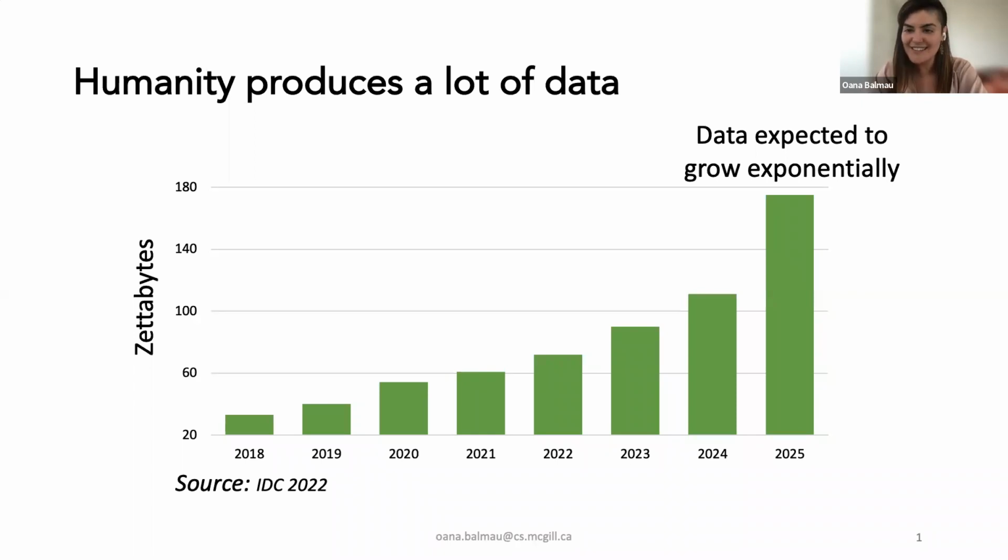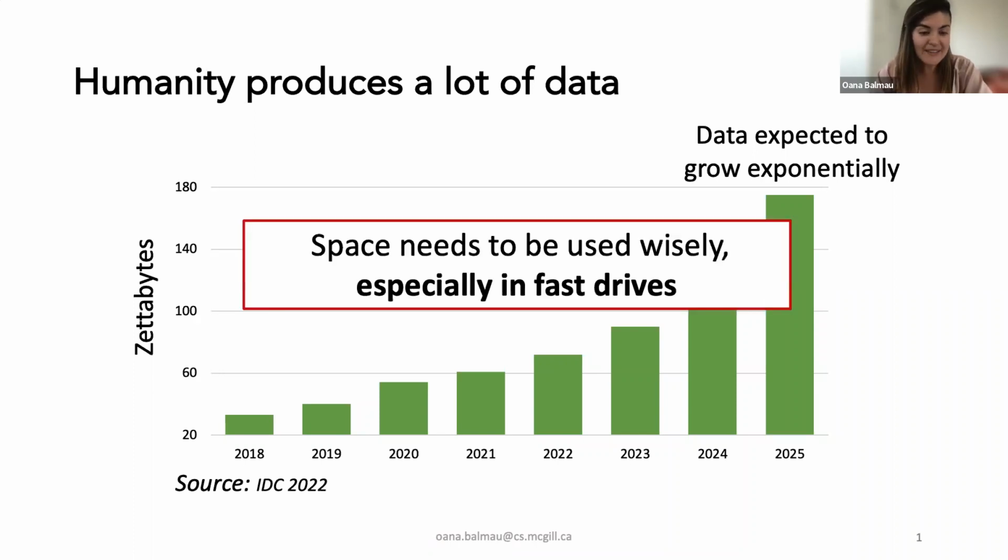First of all, as we all know in this crowd, we are producing a lot of data, and this data is expected to grow exponentially. So what this means is that increasingly we need to be more careful in the way we use storage space, both volatile space and persistent storage space, especially in fast drives.